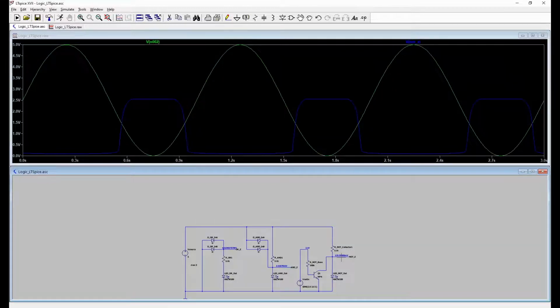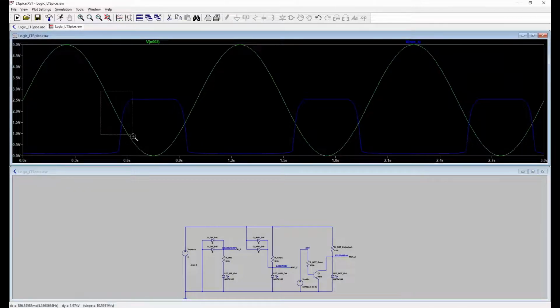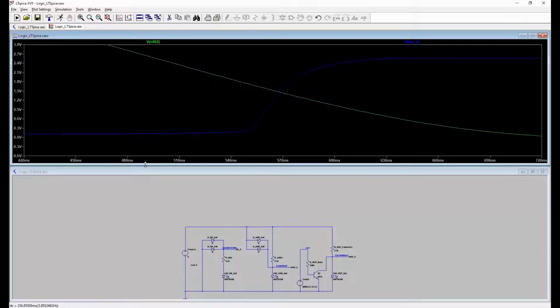So with this circuit, we are in fact getting something square-like with a transition that begins at about 1.8 volts and is fairly complete by 0.7 volts.